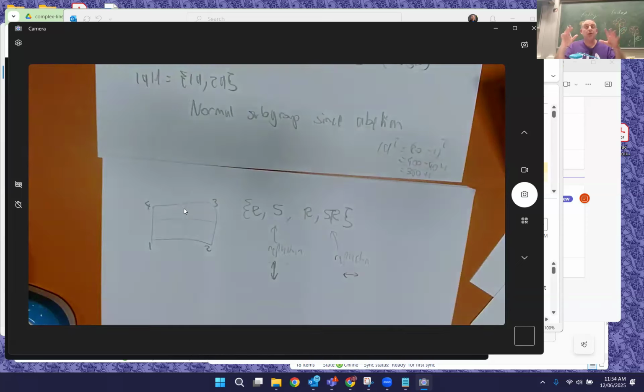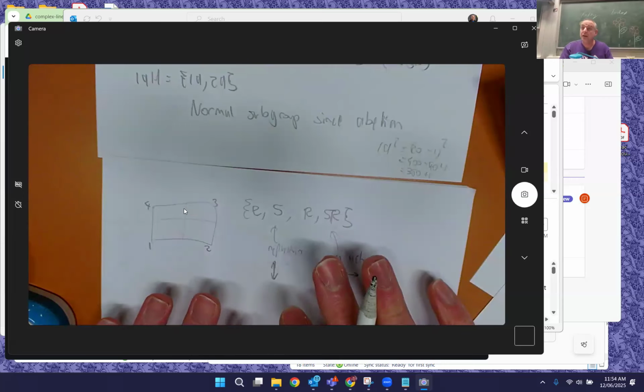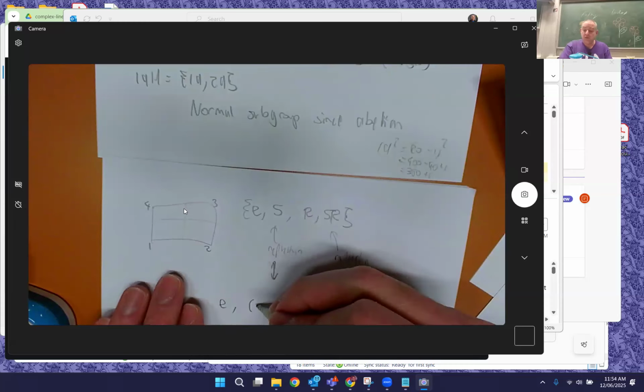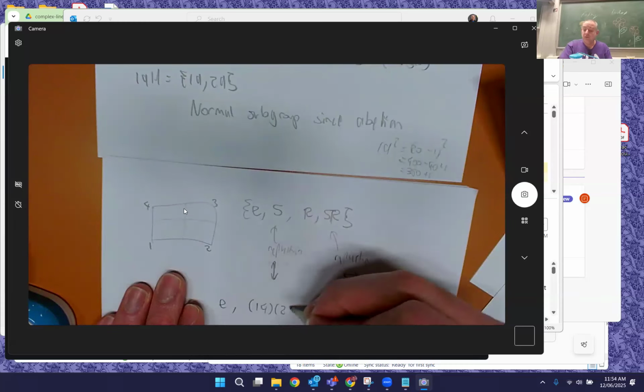So just thinking it through, I'm just going to pause and think about some of the basics of groups. Because this is a permutation group ultimately, and so you've got the identity, and you've got 1 switches with 4 and 2 switches with 3.